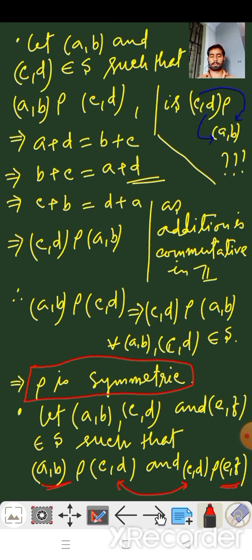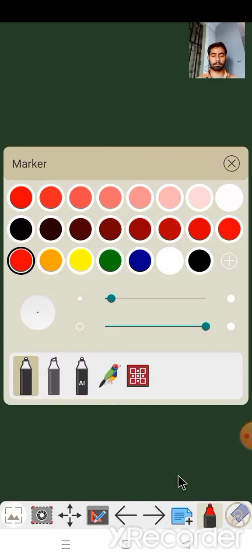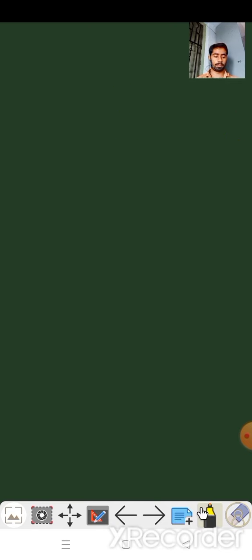That is, rho is reflexive, symmetric, and transitive. Now I will solve the next question in the next page. That is question number D of question 2, that is question number 2D.